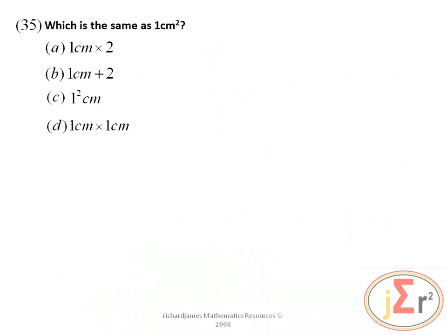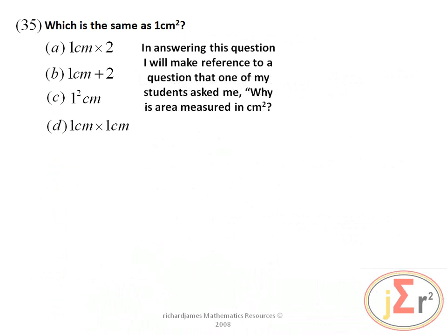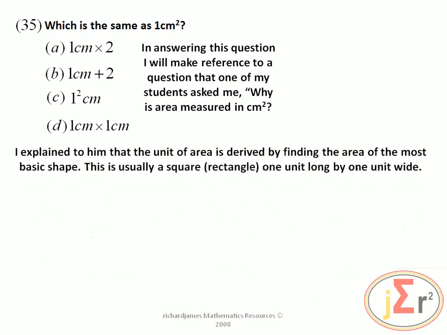Which is the same as 1 centimeter squared. In answering this question, I will make reference to a question that one of my students asked me. Why is area measured in centimeters squared?